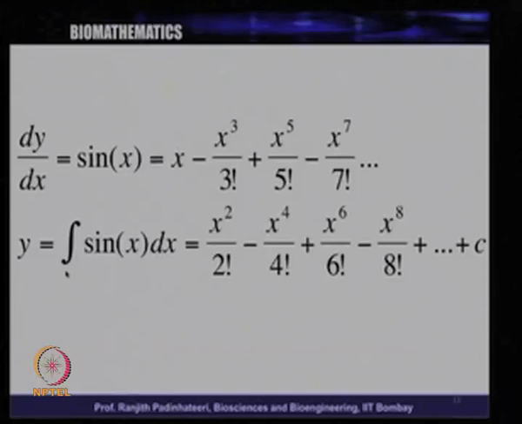So, basically what you learned so far is that we understood why we need to do the integration, because if we know the derivative, or if we know the slope of a function or slopes at different points, we can draw the curve itself.